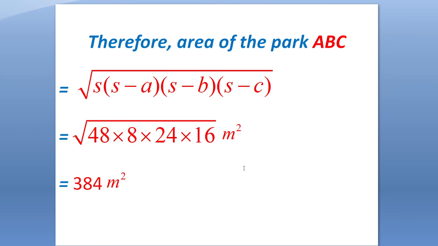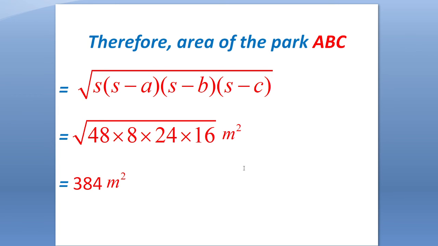So therefore the area of the park ABC, by using Heron's formula, is root of s into (s minus a) into (s minus b) into (s minus c). So 48 into 8 into 24 into 16.